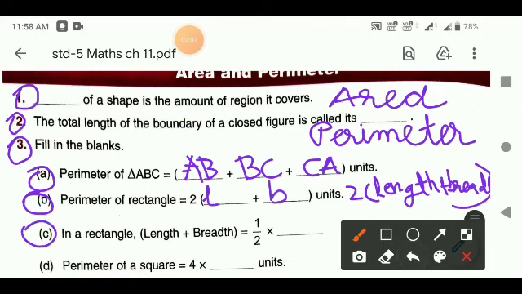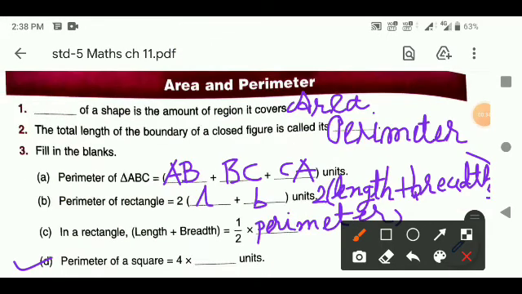Now question C. In a rectangle, length plus breadth is equal to half into perimeter. Then D, perimeter of a square is equal to 4 into side units.